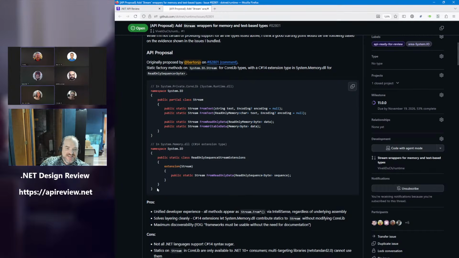Although, my open questions, since we won't be able to say open questions for today, maybe I'll just say the contentious point on this proposal is this block here of how do we feel about adding static extension members into the BCL? Do we ever want to do it? If so, do we want to do it now? And if we do it now, is this the right place to introduce the usage of it?